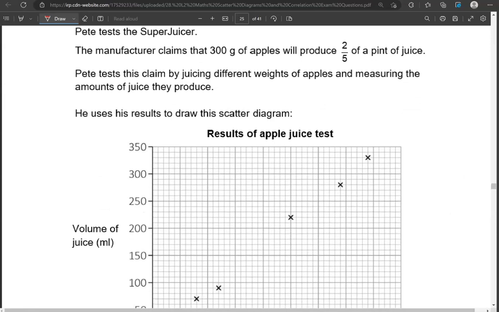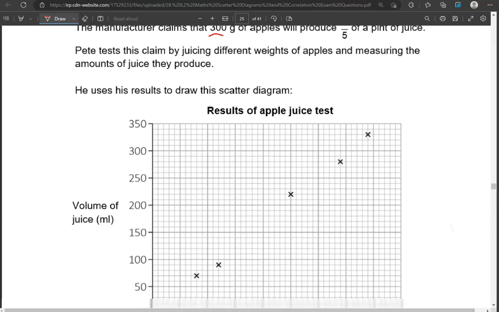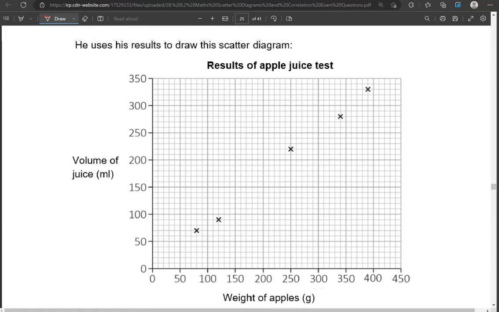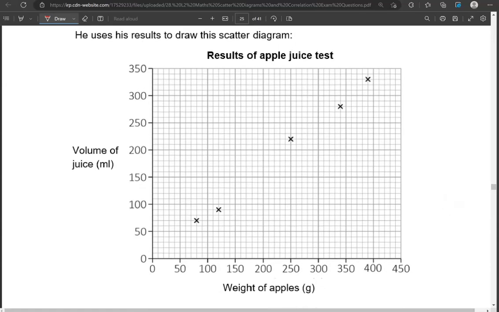So again, we're checking whether the manufacturer's claim is correct, which says that 300 grams of apples will produce 2/5 of a pint of juice. We need to draw the line of best fit first.